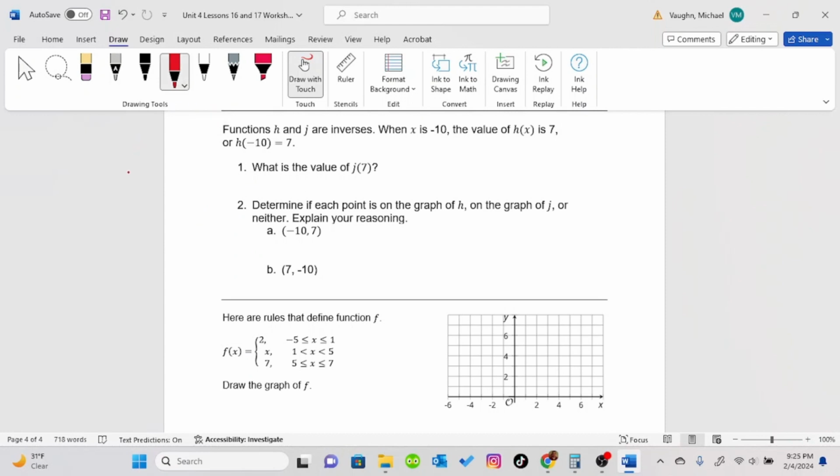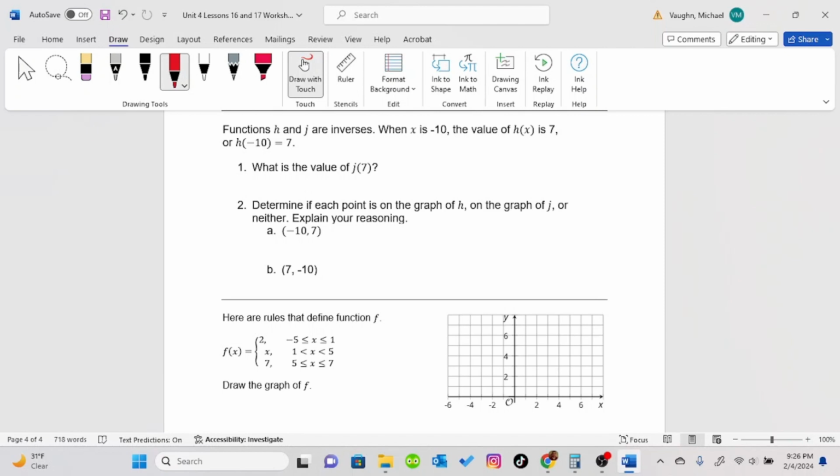Functions h and j are inverses. When x is negative 10, the value of h of x is 7, or h of negative 10 equals 7. What is the value of j of 7? If h and j are inverses, then their x and y values are opposites.